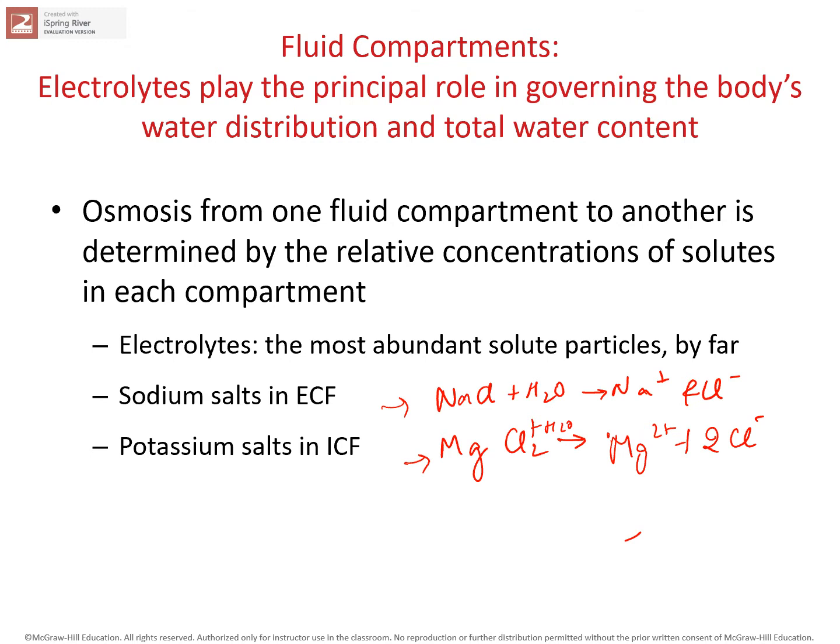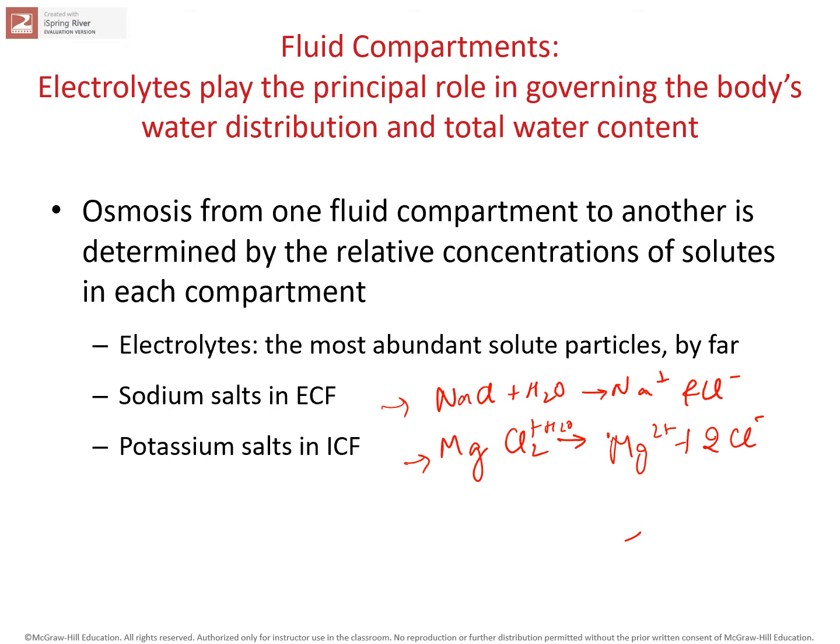If you remember, in kwashiorkor, they have protein malnutrition, and the patients affected end up having ascites or edema in the abdominal region due to buildup of fluids in the abdominal region, right? And that's why it is important to study osmosis, right?